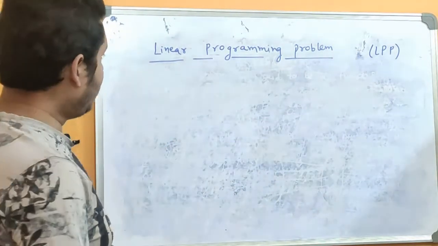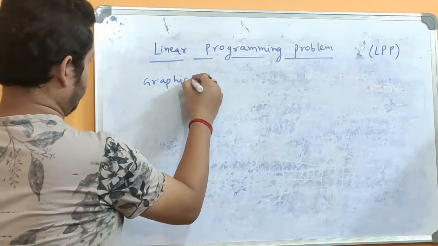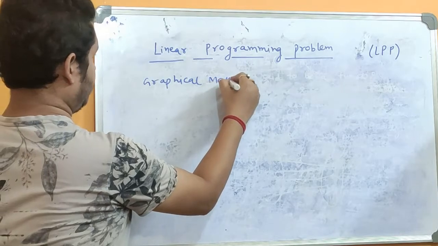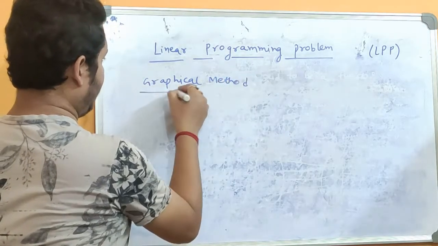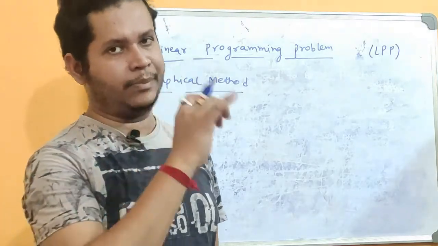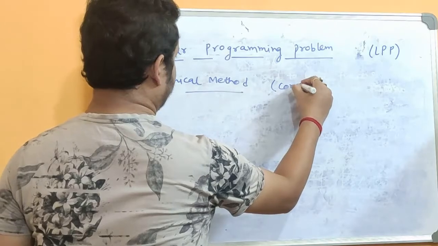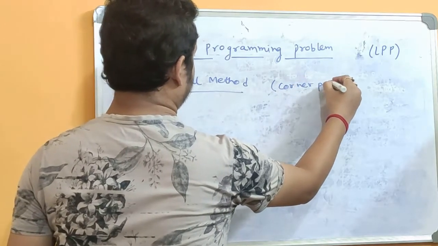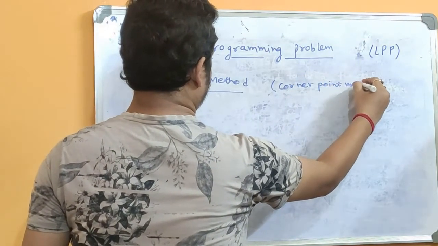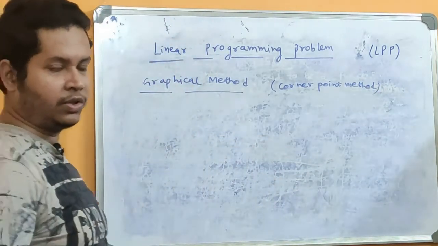So we are going to see the graphical method of solving an LPP, and here we are going to use one more concept called the corner point method. With the help of this, we are going to find the optimal solution of an LPP.